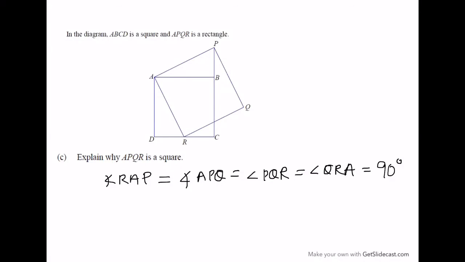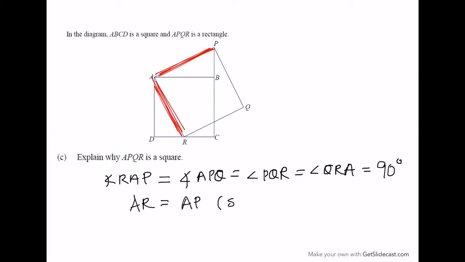And how can we do that? We already know that AR is equal to the side AP, because this was proven with the congruent triangles in the previous part.